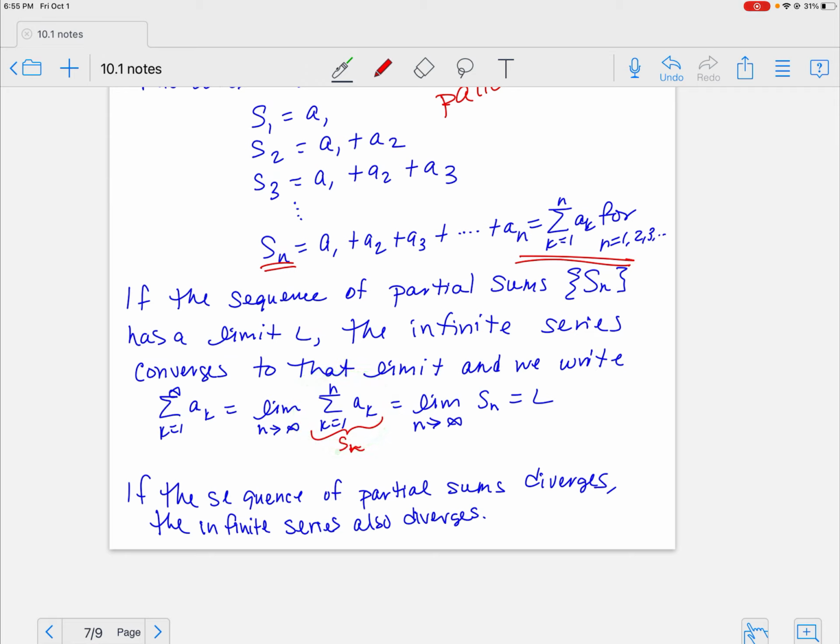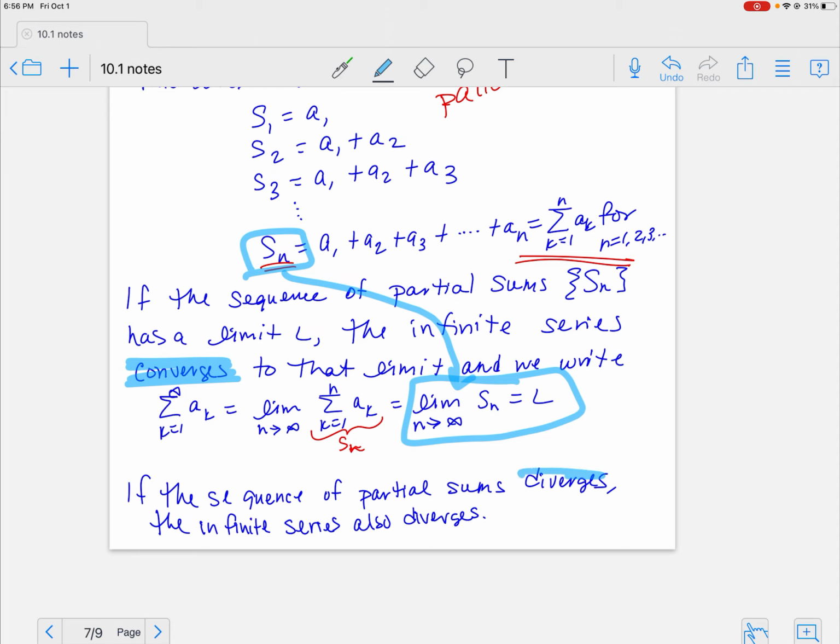This is the mathy way to say it. Here's the moral of this story. Find your pattern. When you find this pattern, we're going to go straight to here and take its limit. If there is an actual value L, then it converges.